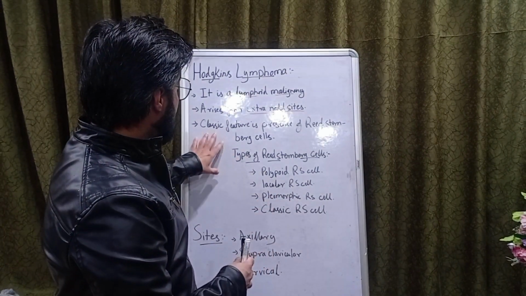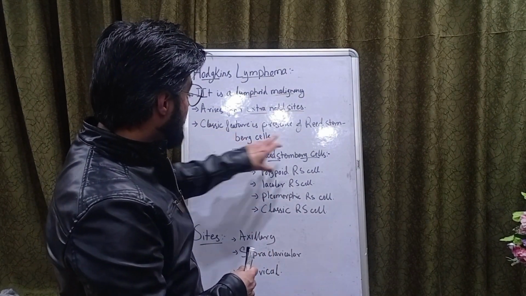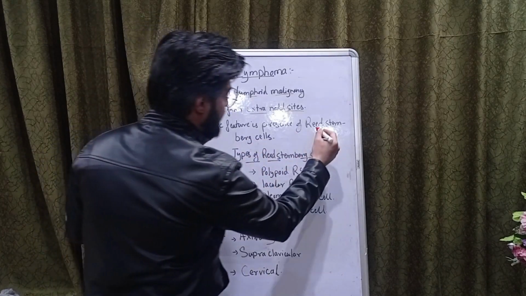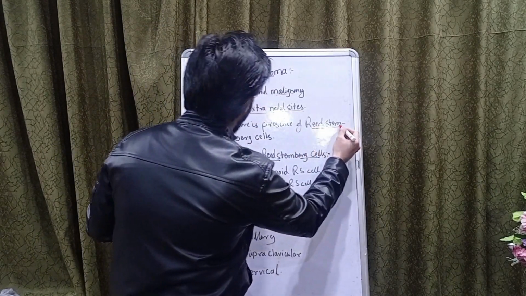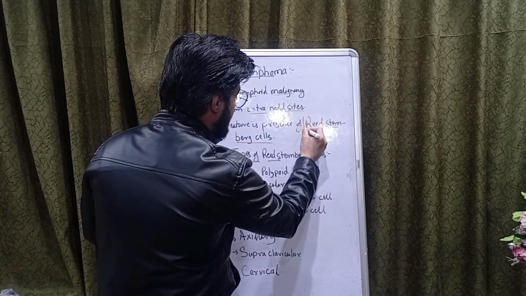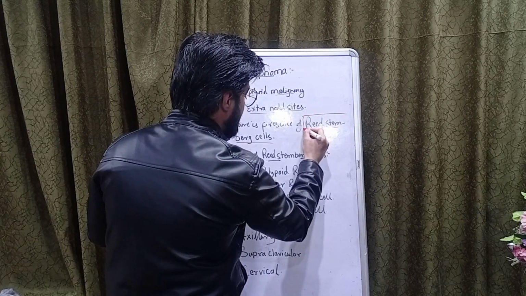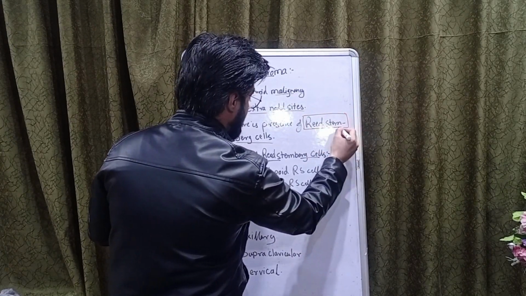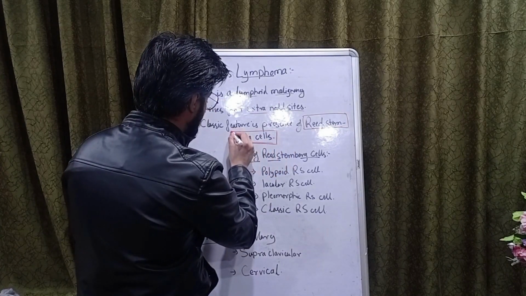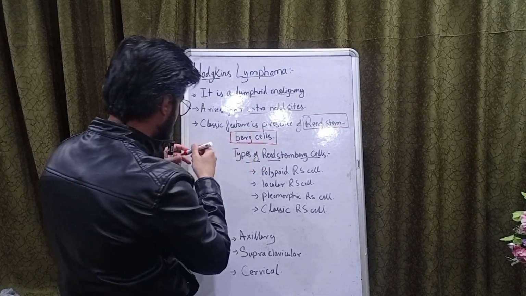Next, the classical feature is the presence of Reed-Sternberg cells. This is one of the most important classical features of Hodgkin's lymphoma. Reed-Sternberg cells. Okay, guys, this is very important for you. This is the most important diagnostic feature.